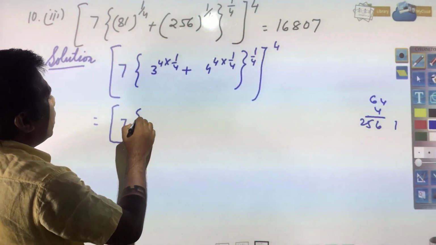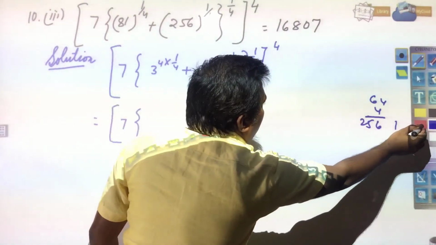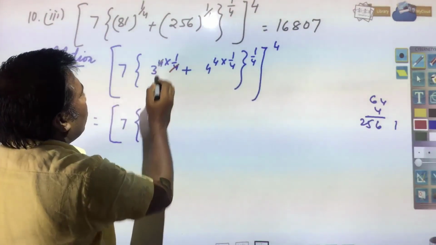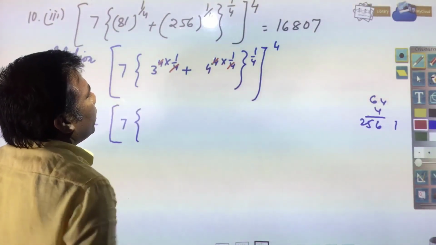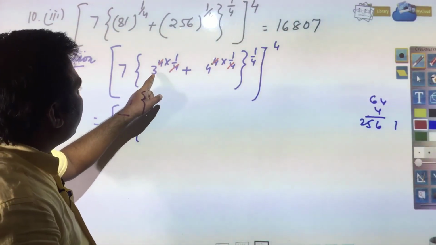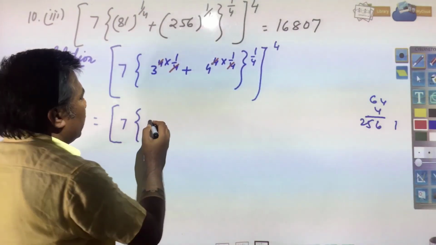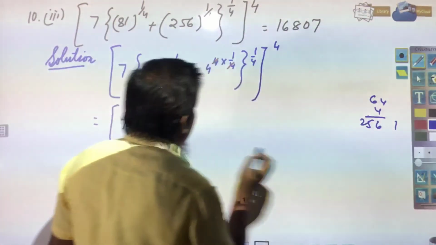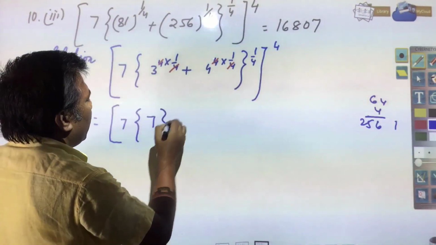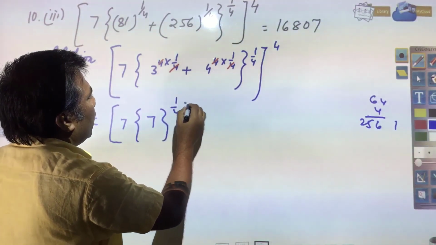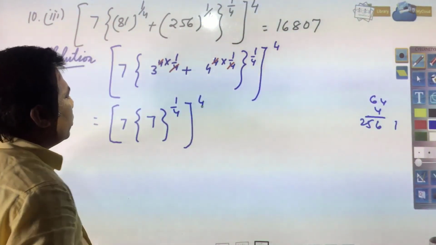Here you see this 4 and 4 will be cancelled, here 4 and 4 will be cancelled. So, you are left with 3 plus 4, 3 plus 4 is equal to 7. So, it can be written as 7 to the power 1 by 4 and whole to the power 4.